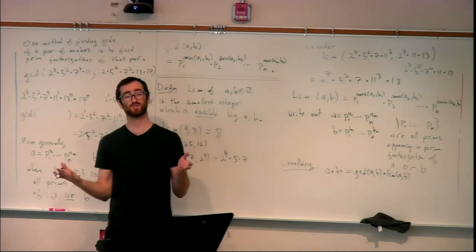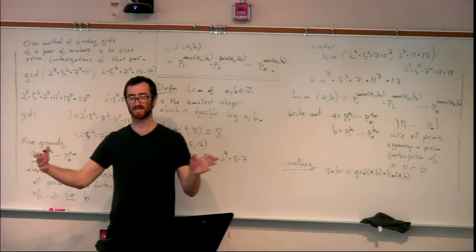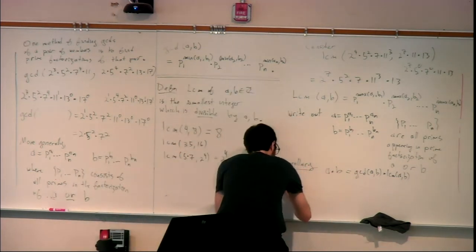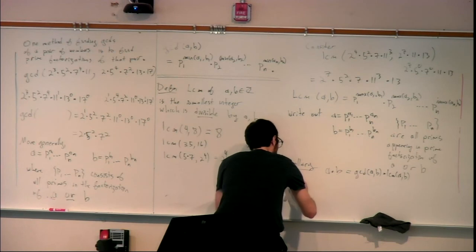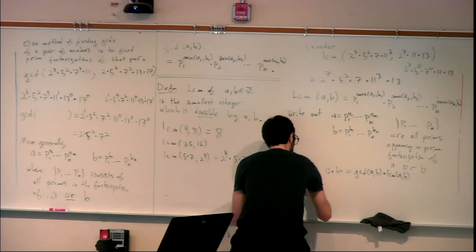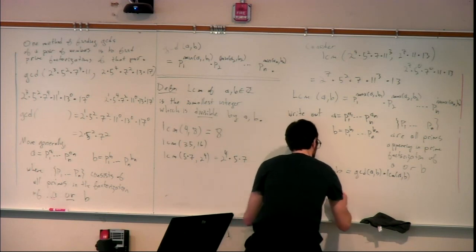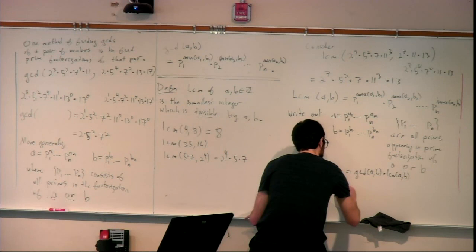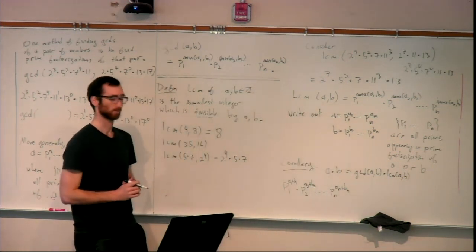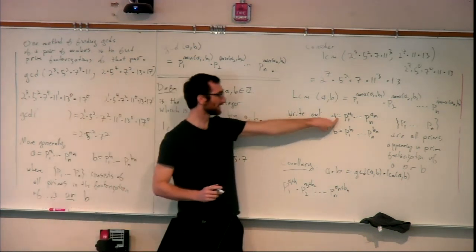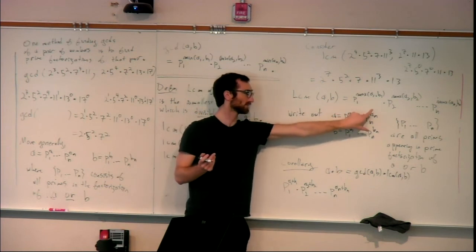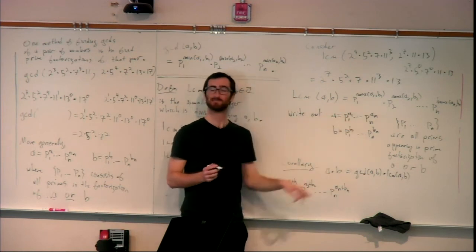Well, what you should first do is write out all of the primes that can possibly appear in A and B, and then A times B is equal to P1 to the A1 plus B1 times P2 to the A2 plus B2, all the way up to Pn to the An plus Bn. Right? If I write out A like this, and I write out B like this, and then I multiply them together, all I do is I add the exponents.